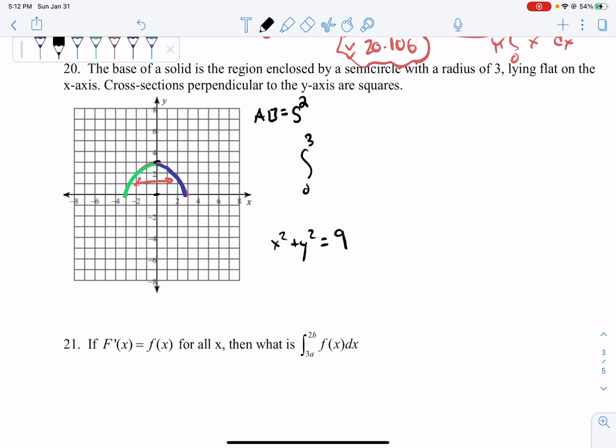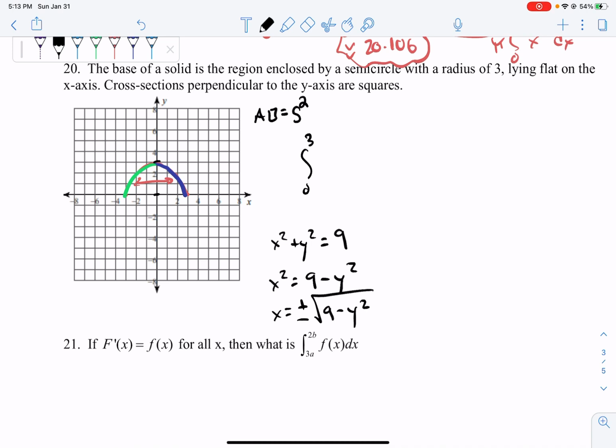I need to solve this. Because I'm going perpendicular to the y-axis, I need to get x by itself. Right? Do I need to get x by itself? Yes, I need x by itself. We're going perpendicular to y. So x squared equals 9 minus y squared. So x equals plus or minus the square root of 9 minus y squared.